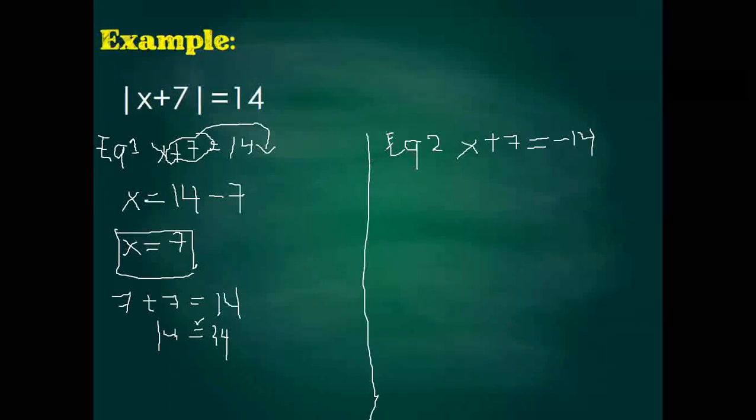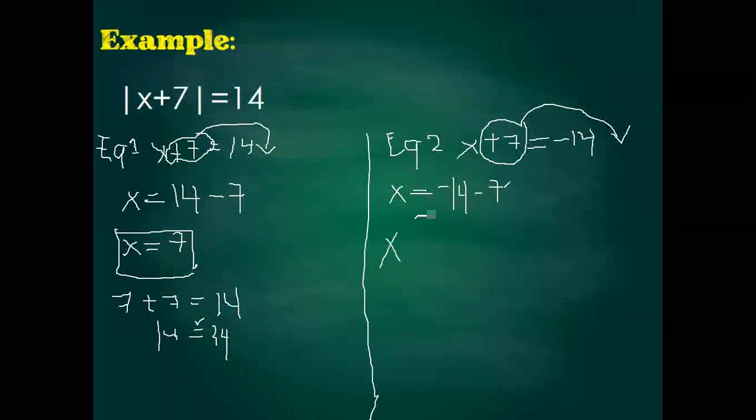Next, find the value of x of equation number 2. Transpose positive 7 to the other side. So x equals negative 14 minus 7, because when we transpose positive 7 to the other side, it becomes negative 7.